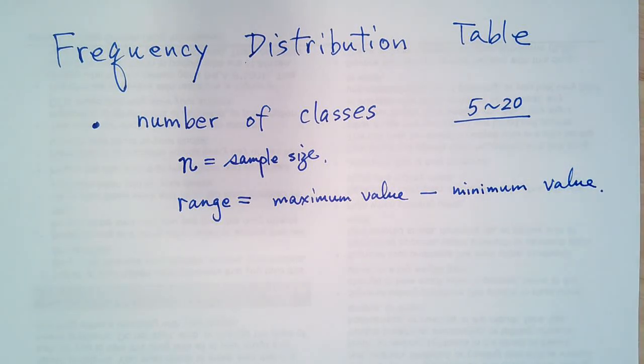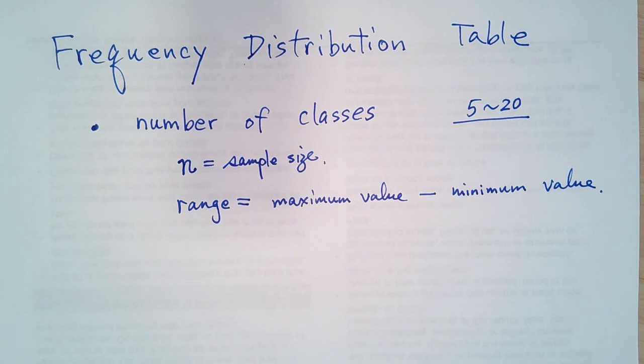Now be very careful here. This range actually means a range. It's not the range as the definition we learned in Algebra 1 and Algebra 2. If you remember, in Algebra 1 and 2 the range means what the y value could be, and the domain means what the x value could be. The range here just means the width, the maximum value minus the minimum value.